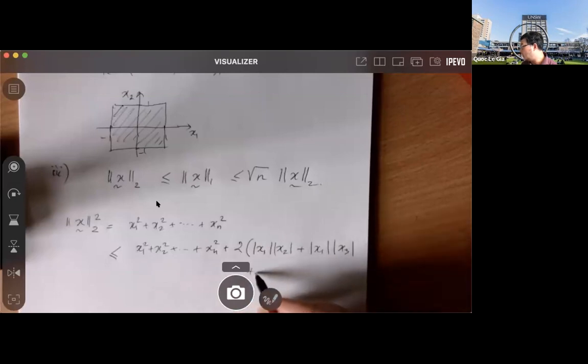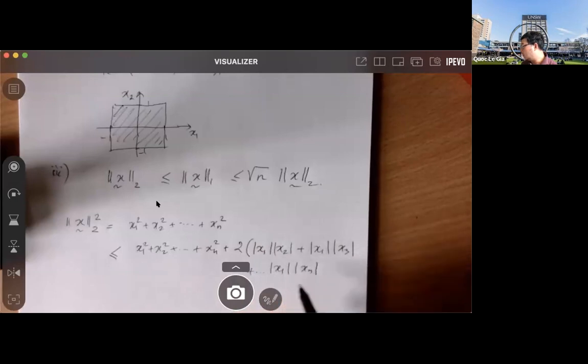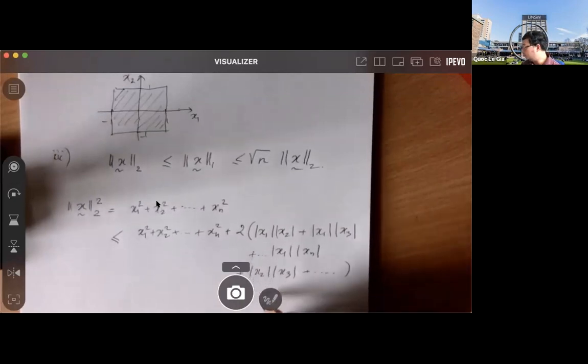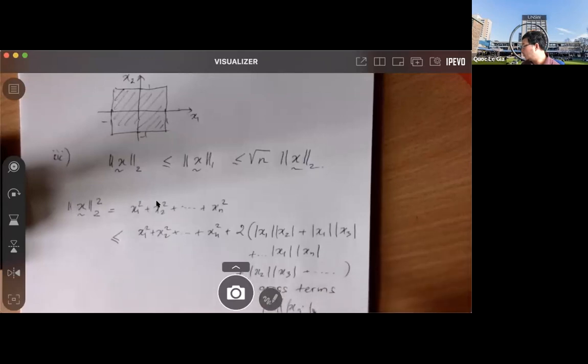And so on up to x1, xn, and then plus x2, x3, and so on. So you see, I just add on the cross terms xi, xj in absolute value, with i less than j.